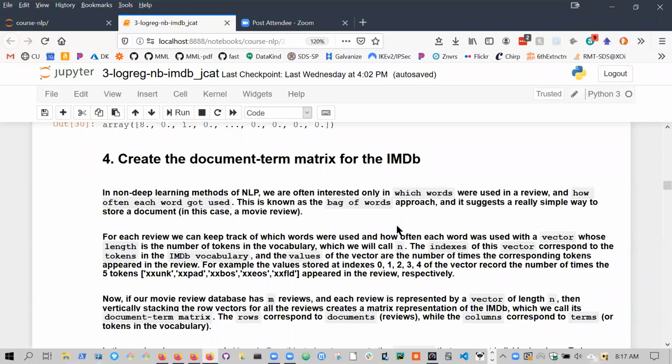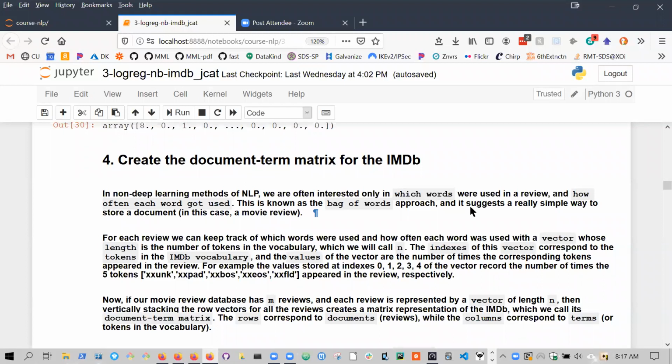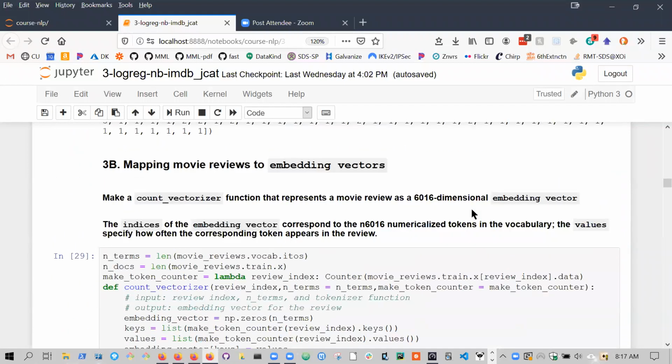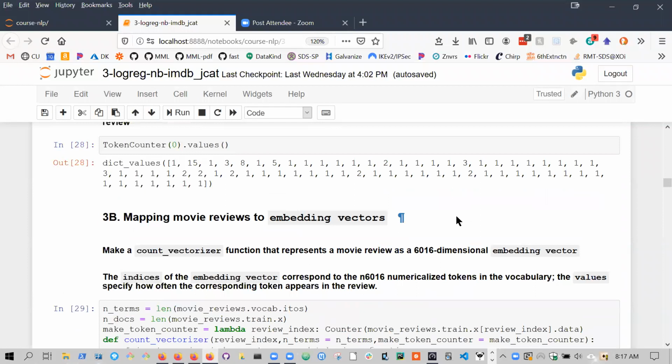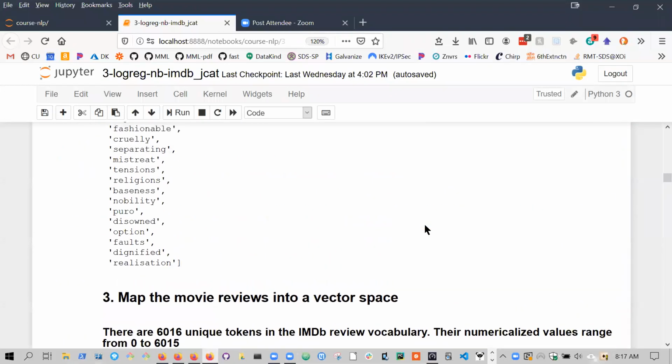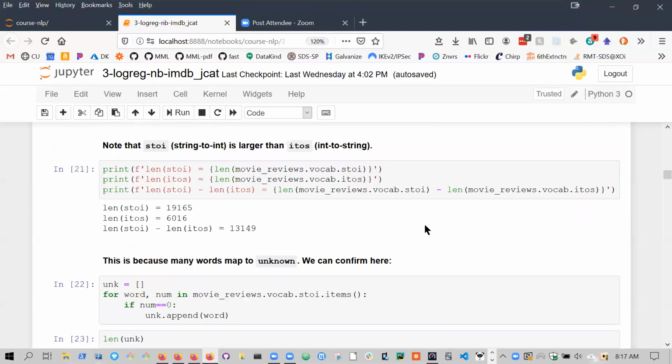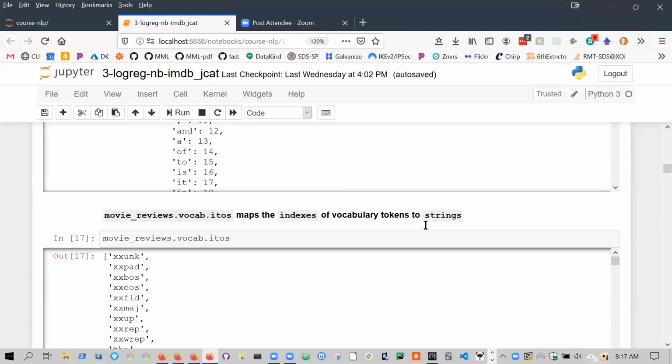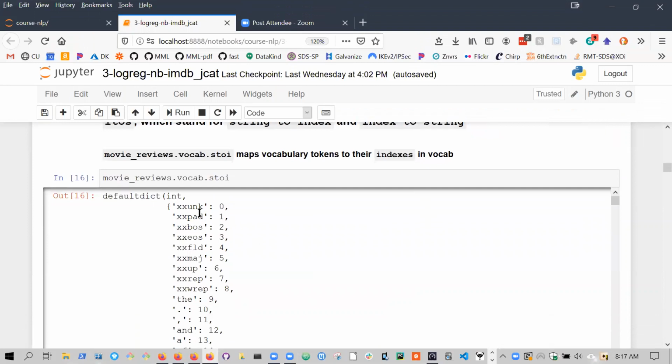Okay, that's a good question. So the column labels come from this string to integer dictionary. The column labels are implicit. In other words, they're not spelled out anywhere. But let's go back to where we looked at the vocabulary. Here's the mapping from the tokens to the numerical representation, right?